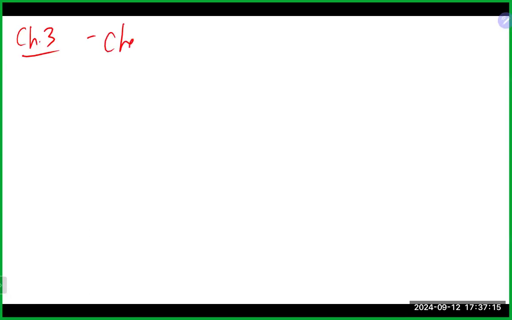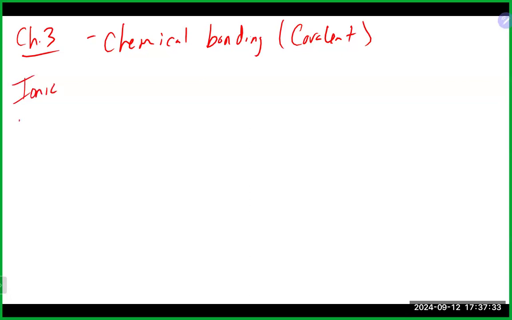So last time we got into chemical bonding a little bit more, really more covalent bonding. And we talked about the three types of bonds. We have the ionic bond, which is between a metal and a non-metal.